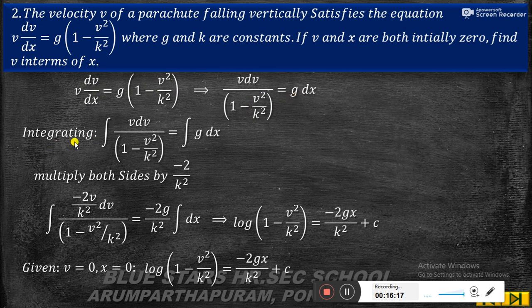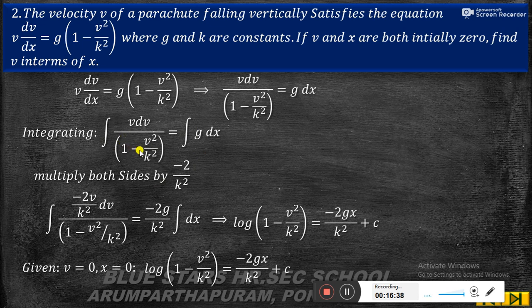So the next step, integrating on both sides. Integral v dv by 1 minus v square by k square equals integral g dx. Now I multiply both sides by 2 by k square, because I differentiate the denominator on the left hand side.